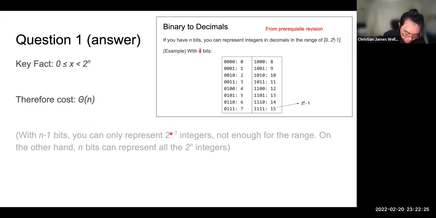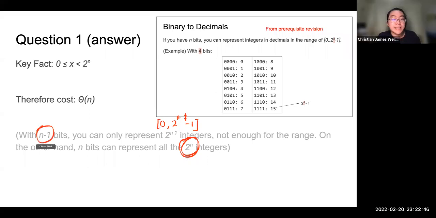You can only represent numbers in this range, and so we don't have enough to represent all 2^n integers if we only have n minus 1 bits. So, a very easy warm-up question.